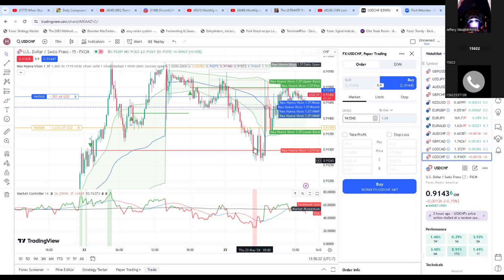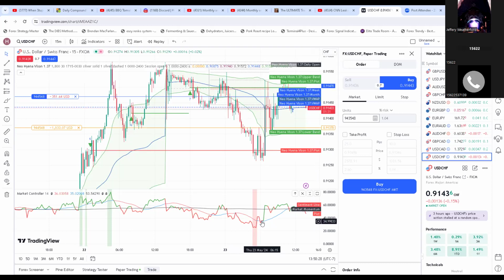This was a change of character because the market controller changed character. It broke this high that was made by the market controller and then it came back to mitigate right here. So there's sneaky ways that you can use these tools that a lot of people aren't really talking about.